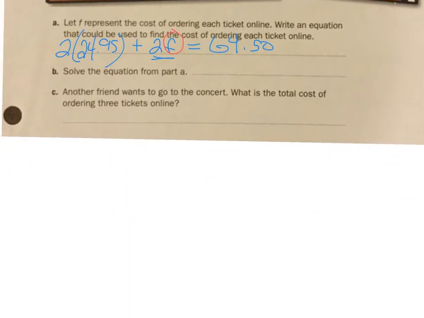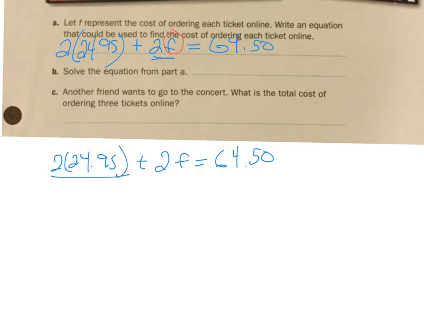Okay, so let's go here. I'm going to figure this out. 2 times $24.95 plus 2F equals $64.50. So, order of operations, I'm going to do this first, which is $49.90 plus 2F equals $64.50.